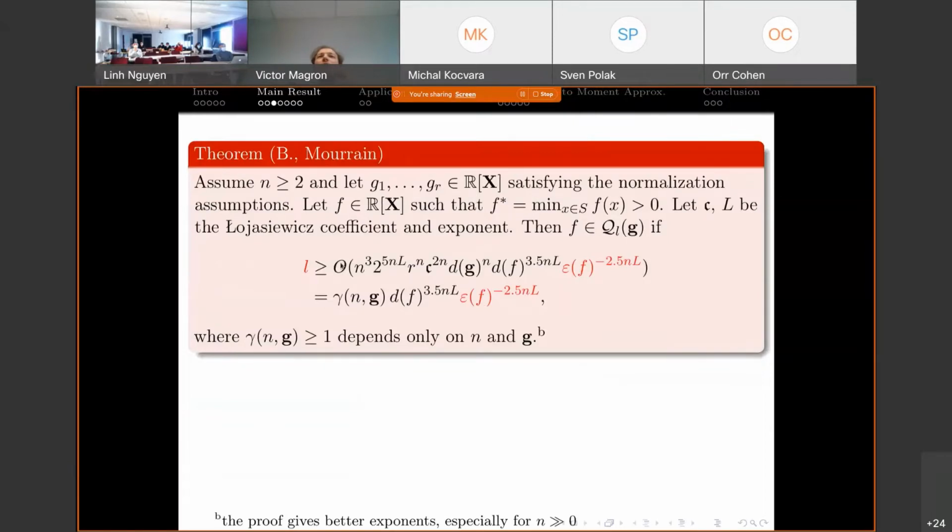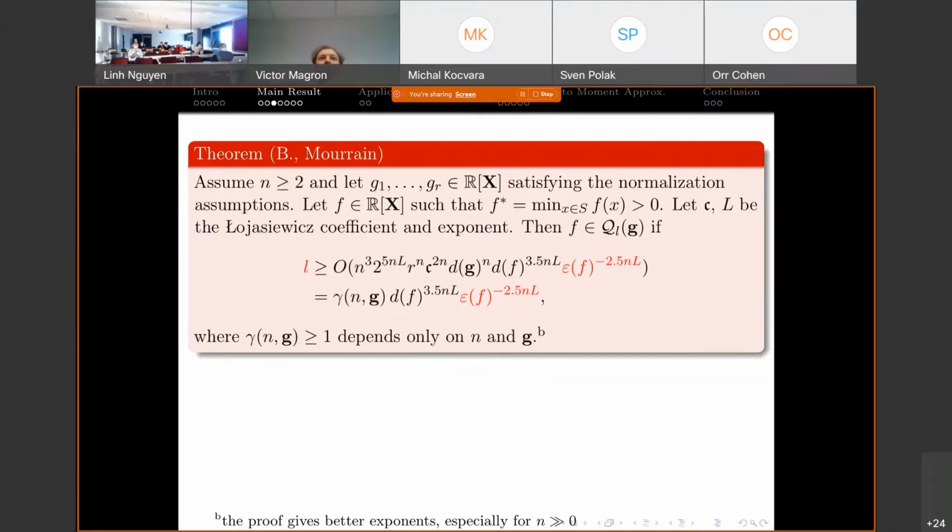There is a constant times n cubed 2 to the power this, and the degree appears here. Degree of f to the power something. So you have d power n instead of having exponential of n power d, right? Sorry, can you repeat? You have d power n instead of exponential of n power d. Yes, yes. Okay, thank you.